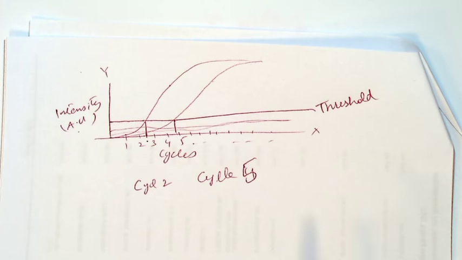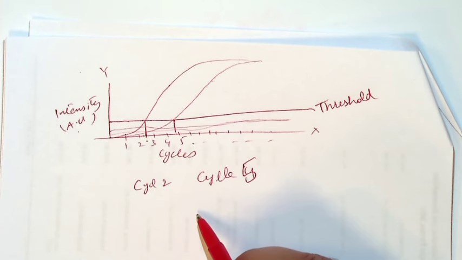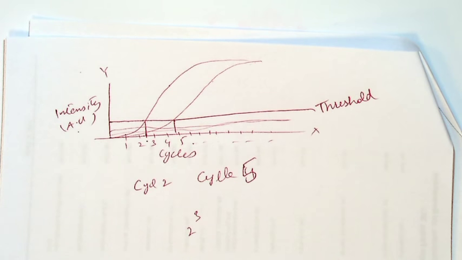Basically, if you look at the change in cycles, delta C, the change in cycle, in this case 5 minus 2 will be 3, right? And each time it gets doubled. So we can say that it's a 2 to the power 3 times dilution, meaning times more concentrated. So the information we get is that one is 8 times more concentrated than the other one, correct?